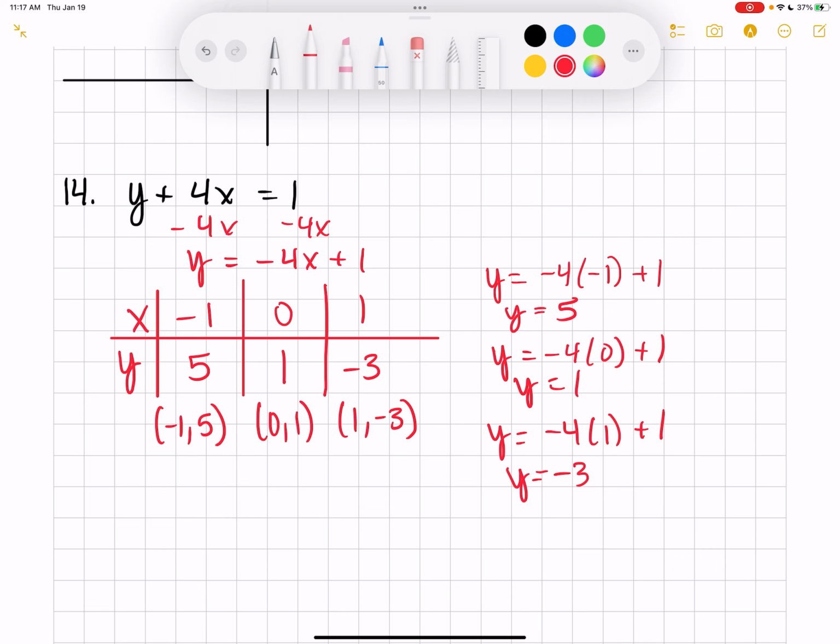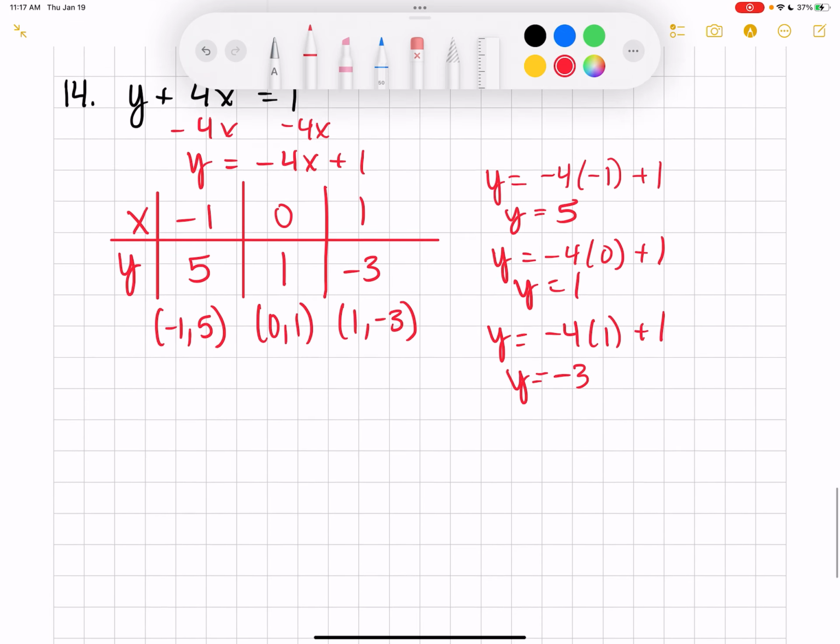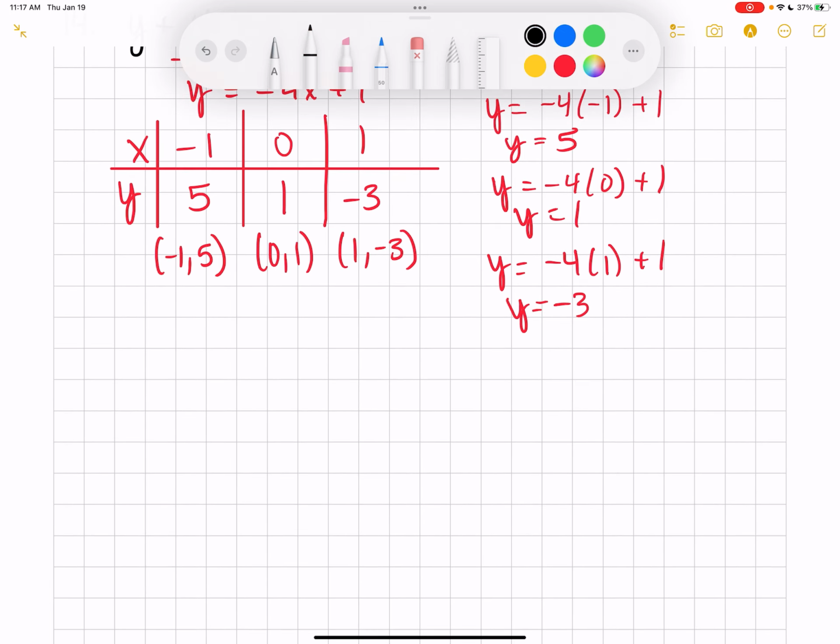So now we can set up a graph to graph those. So we have the point -1, 5. So back 1, up 5. Oh, I almost left room for it to fit.